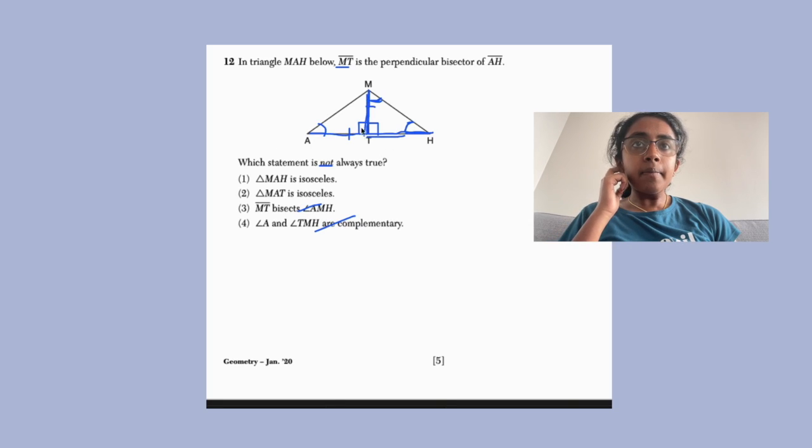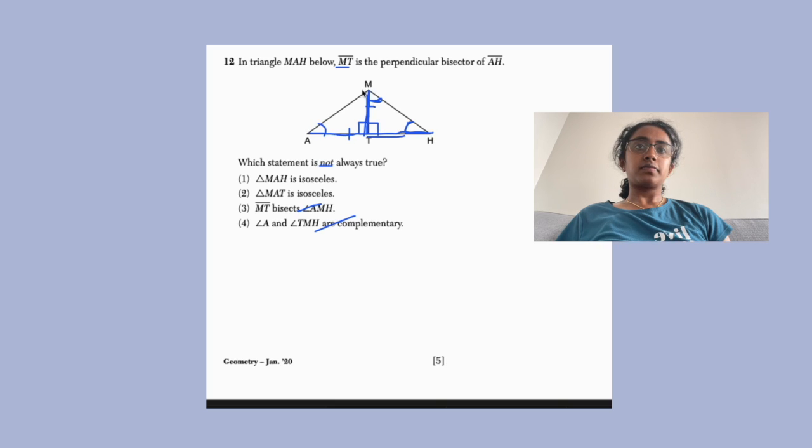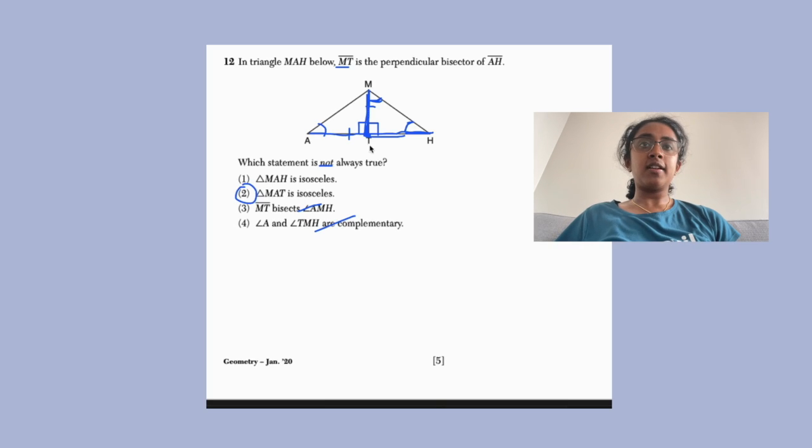In order for the perpendicular bisector to intersect right in the middle, these two have to be the same. So then that leaves us with MAT is not always isosceles. It can be, but it does not have to be.